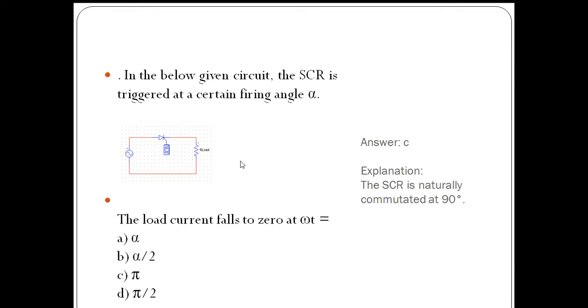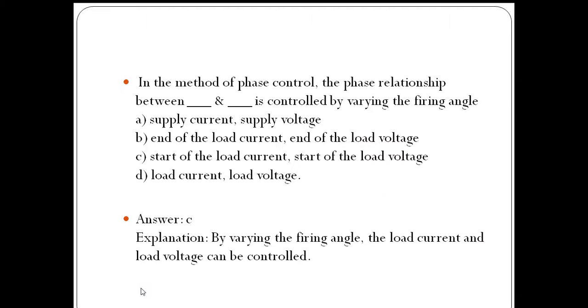So if we trigger an SCR, the current will follow the supply waveform, and the supply waveform reverses at the instant pi, 180 degrees. From 180 degrees the supply is reverse biased, so current reaches 0. So the answer is C: the SCR is naturally commutated at 180 degrees, which is pi.